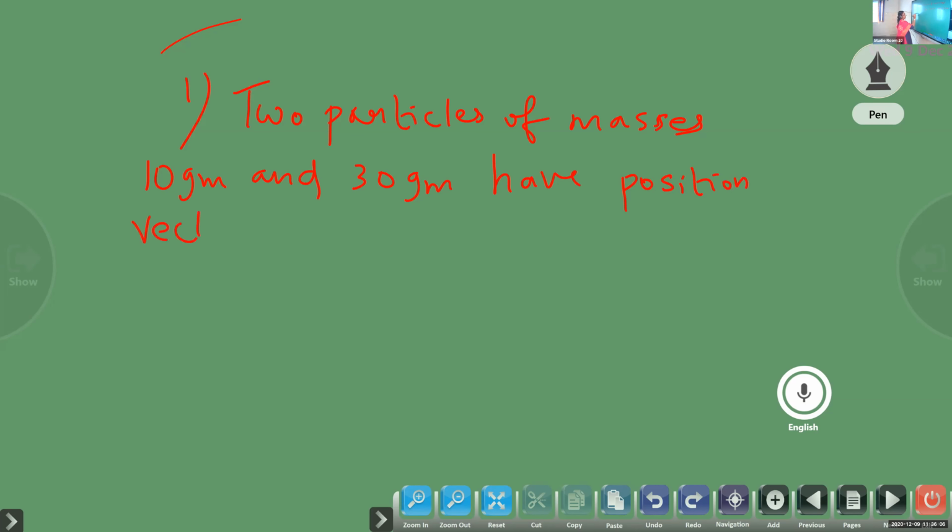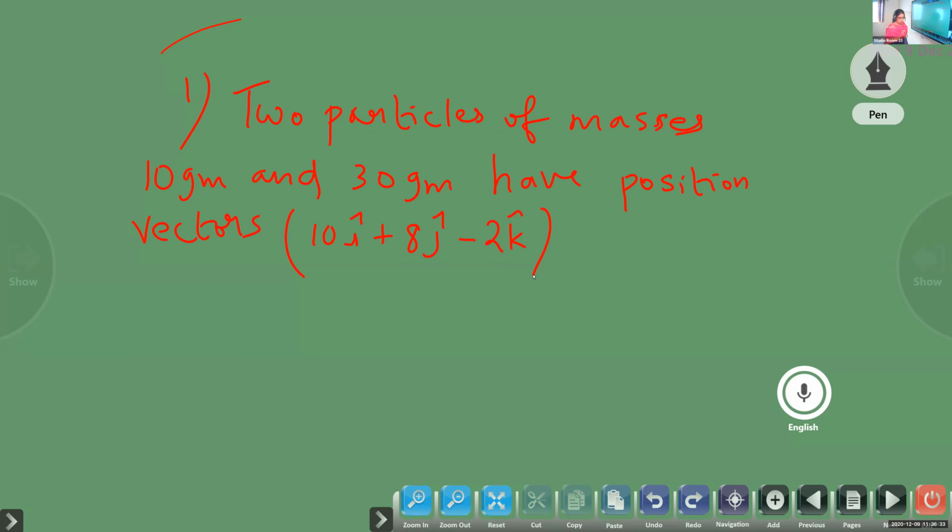position vectors 10i cap plus 8j cap minus 2k cap. I hope you remember what you learned in motion in plane, i dot i, k dot k, that we require for this also.